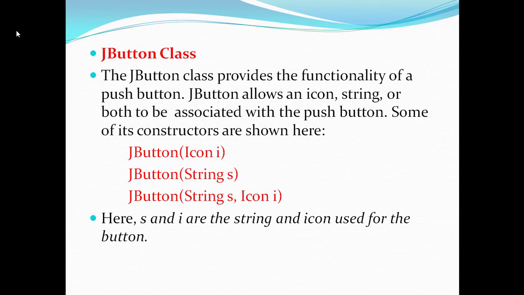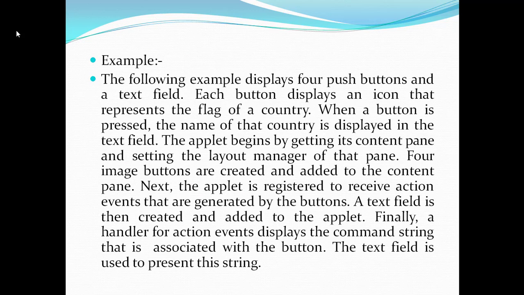JButton(Icon i) creates a button with an icon. The second constructor creates a push button having the string s as its value. The third constructor, JButton(String s, Icon i), displays both the string as well as the icon. Like this, these are the three constructors for the JButton class.